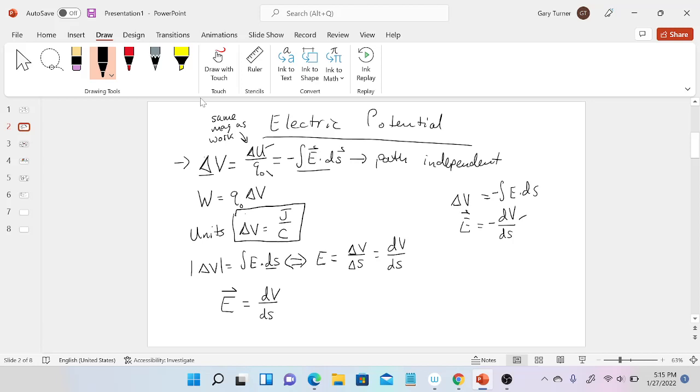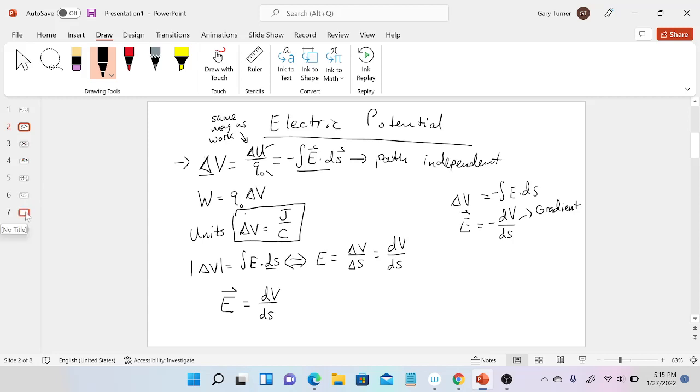In higher level calculus, you'll find that this is termed a gradient. And what that means is that there's a slope that correlates with the value of the potential, and the slope of that potential is the negative of the electric field. Or another way of saying it is the electric field is the negative of the slope of the potential.